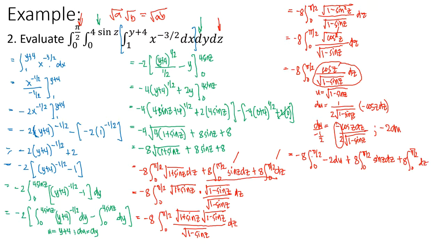So negative 8 times negative 2 becomes positive 16 u, wherein our u is square root of 1 minus sine z, plus 8, and integral of sine z is cos z, plus 8z, and we have the limits from 0 to pi over 2.